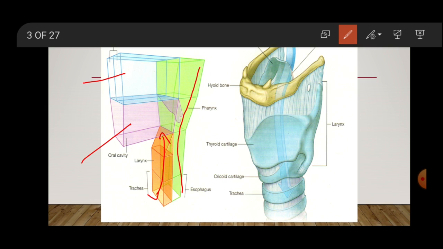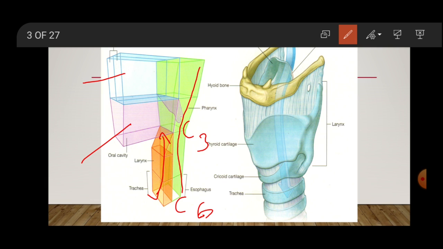It extends from the laryngeal inlet at C3 to the trachea, where it is continuous as the trachea. So the vertebral level is from C3 to C6. It is located in front of the neck, opposite the cervical vertebrae C3 to C6. It moves vertically up and down during swallowing and phonation.